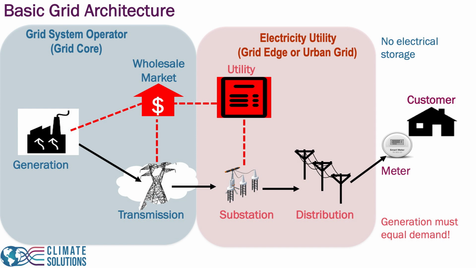And typically in this network, power flows from generators to consumers through the transmission network and the more local distribution network. Let's take a more detailed look into the power flows in today's 20th century grid.